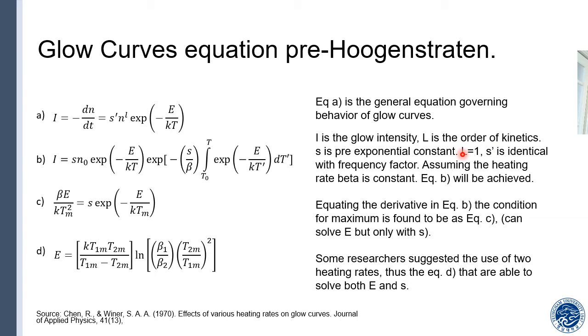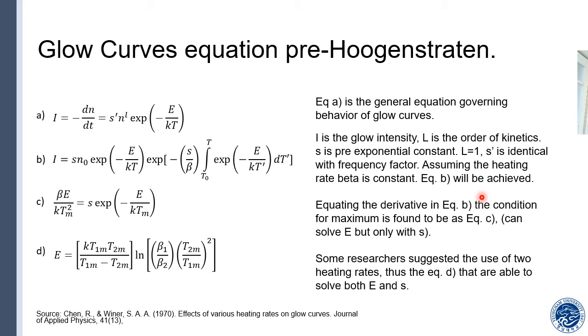First, you can see here in equation A, this is the general equation governing the behavior of glow curves. The glow curve is the curve that we were discussing previously, and I is the glow intensity in equation A, L is the order of the kinetics, S is the pre-exponential constant, and if L equals 1, then S is identical with the frequency factor.